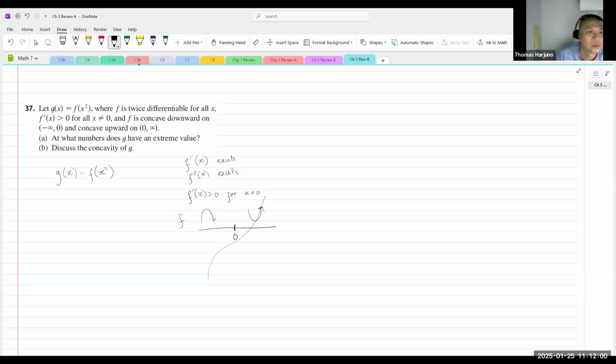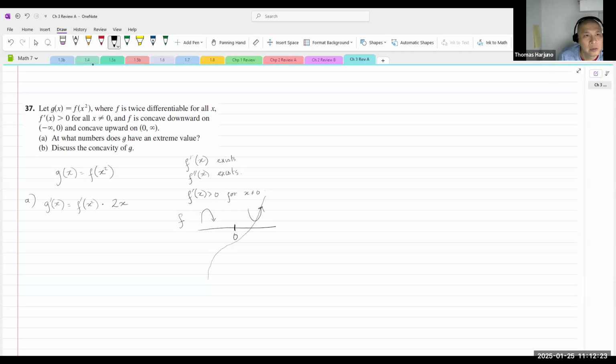Extreme values. So the first derivative then, part A, g prime x equals f prime x squared times 2x, right? Actually, they say that f prime x is positive for all x not equal to 0.